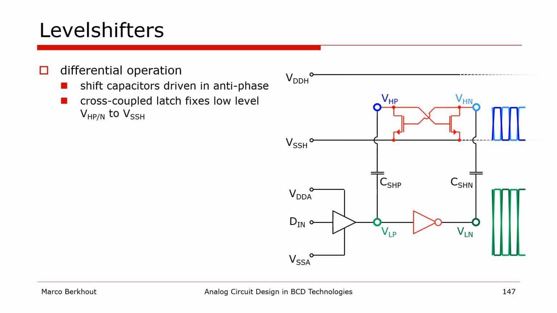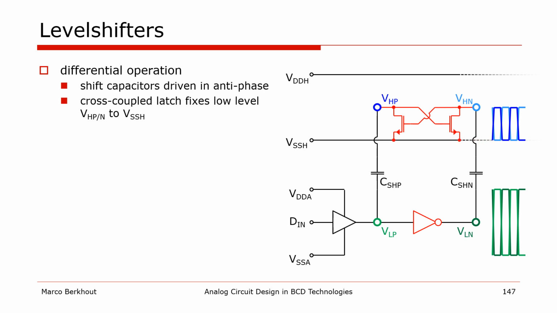Here's a practical implementation of a capacitive level shifter that uses a differential configuration, where 2 capacitors are operated with inverted phases. At the output, a cross-coupled latch is used to fix the low signal level to the local ground.